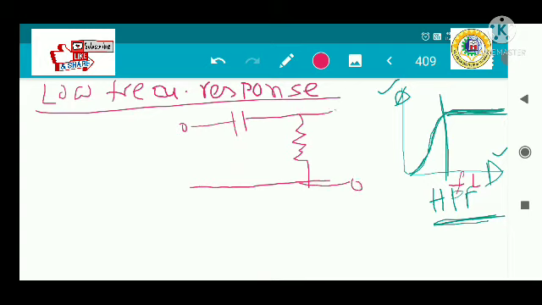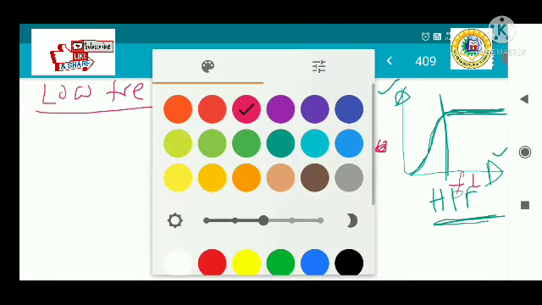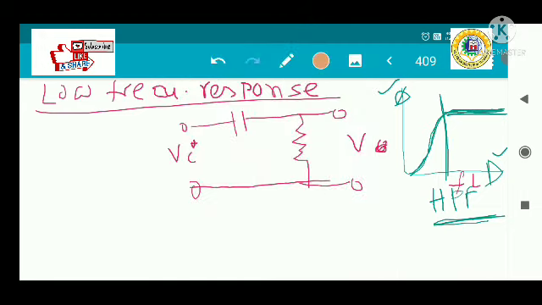Whenever we next study the BJT amplifier, we will look at the equation of this circuit and try to match the parameters with the BJT, so that we can easily identify the cutoff frequency. So this is the passive high pass filter circuit that we are going to analyze.